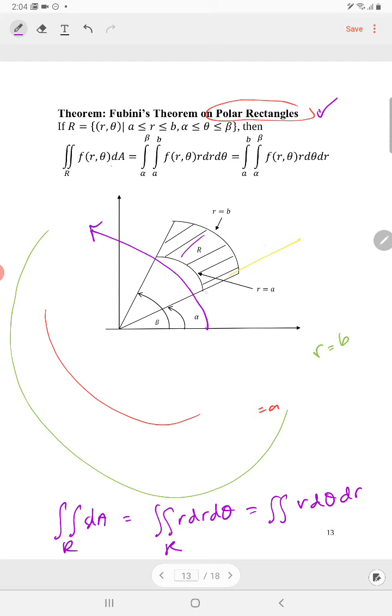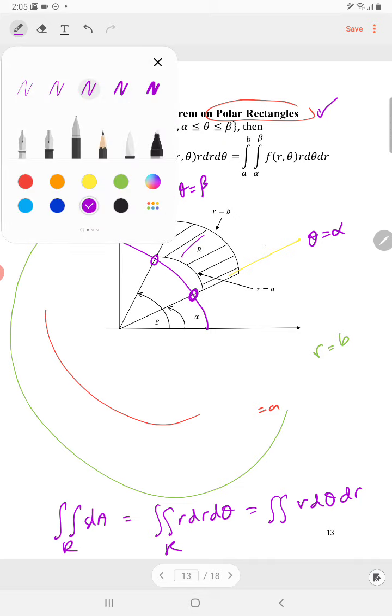Okay, so you can see that the one it touches first is this line, which is governed by theta equals alpha. So that would be the lower limit. And the one it touches last is this line, which is governed by theta equals beta, which is the upper limit for theta.